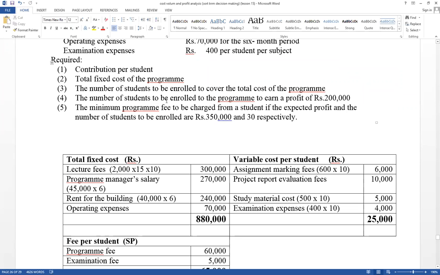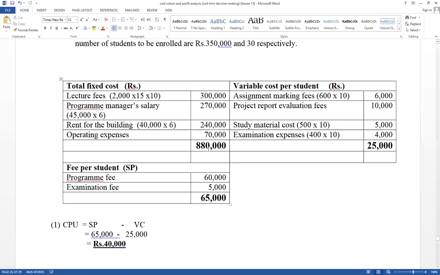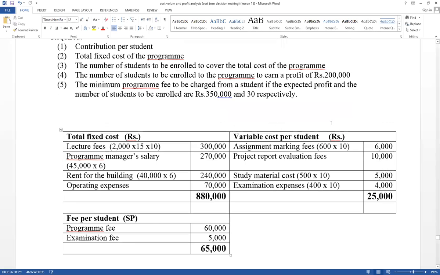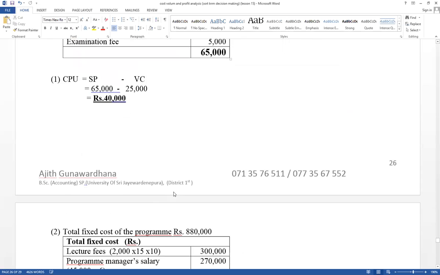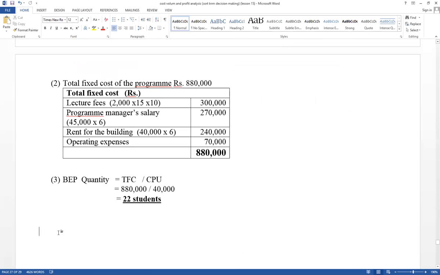The number of students to be enrolled in the program to earn a profit of 200,000. This is the expected profit. Therefore, total fixed cost plus expected profit divided by contribution per unit. Total fixed cost is already calculated, expected profit is given, and contribution per unit is also calculated. They ask how many students should be participants.